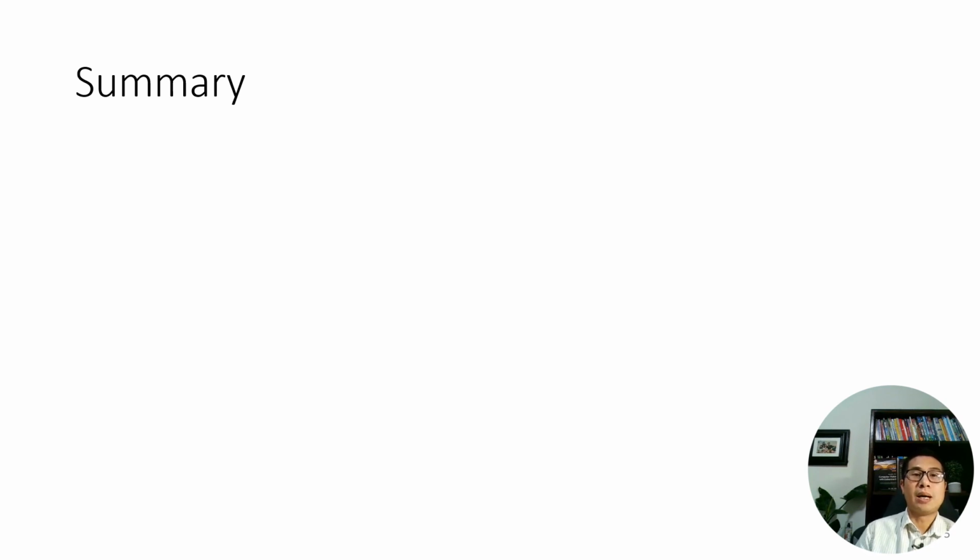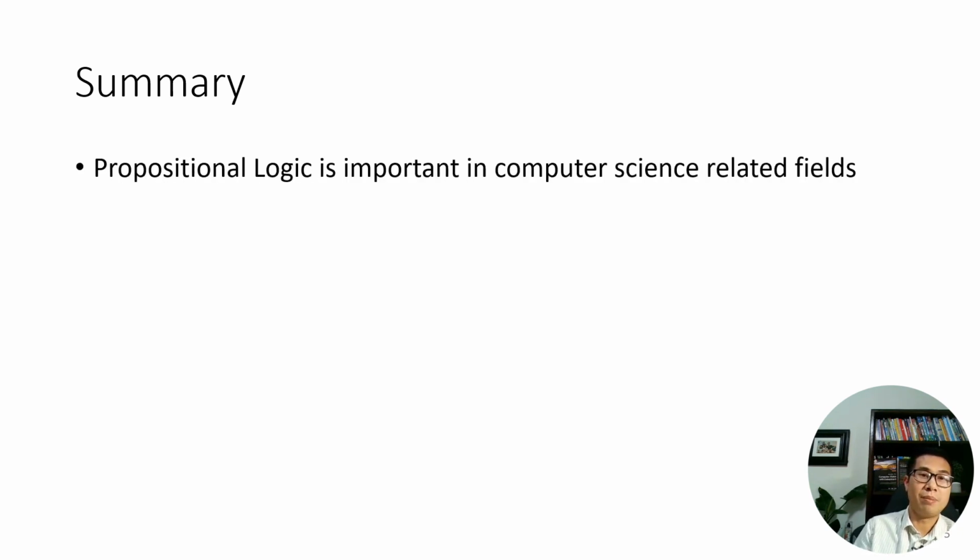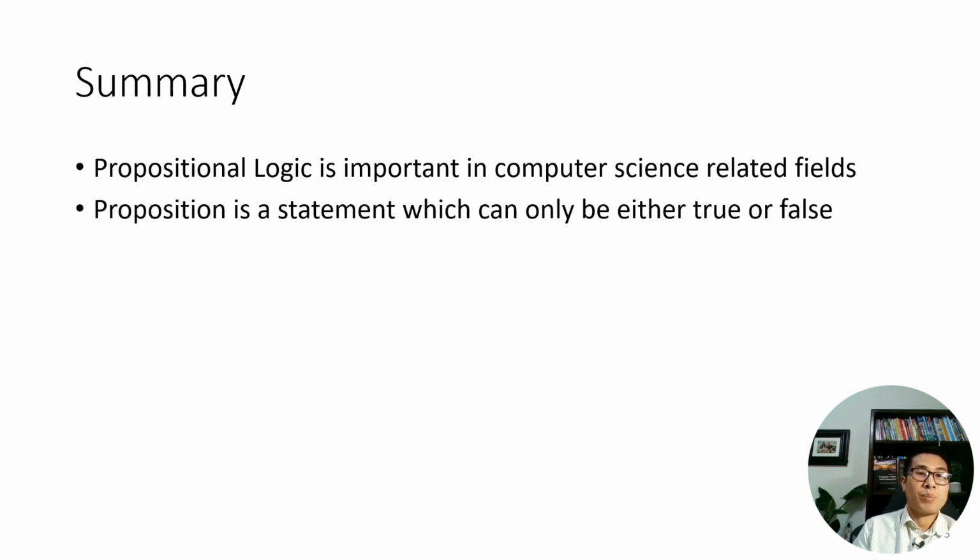Now, a summary of this lecture. We have already come to the second part of the course, and we already learned that propositional logic is important for computer science because it works on logical values of variables that contain only true or false, which is similar to bits in a computer, in order to perform computation. A proposition is a statement that can only be true or false, similar to a bit.